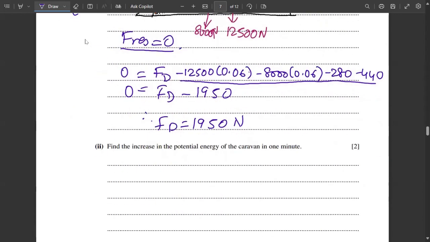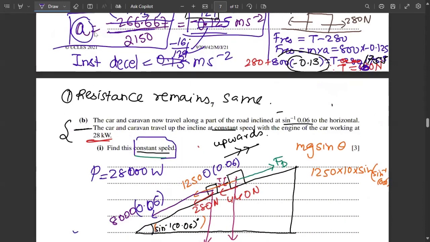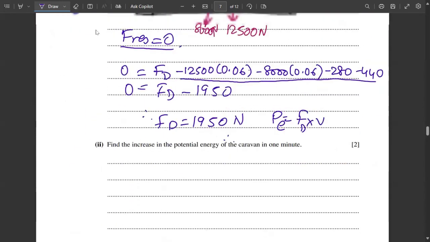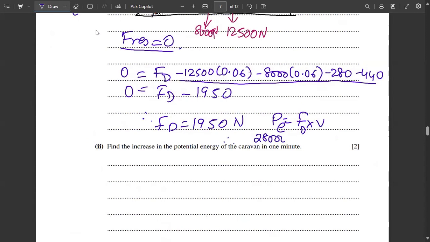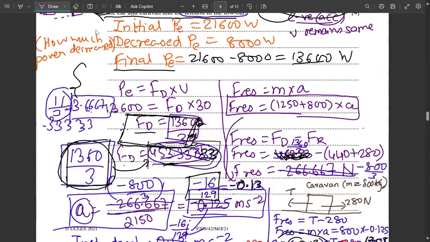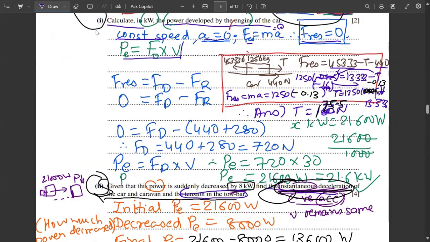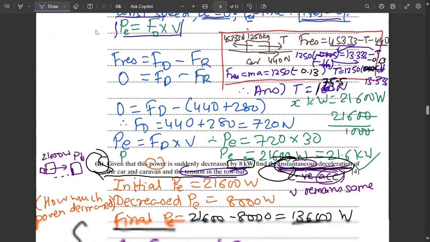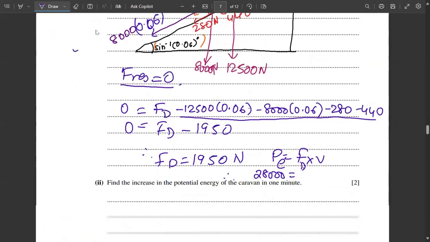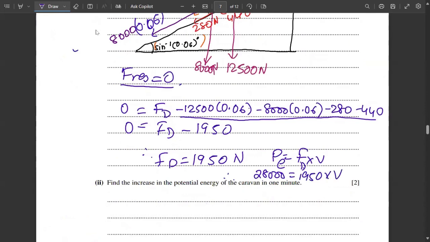Now we know power equals force into velocity, the power of the engine and the driving force. So the power of the engine is 28,000 watt. If you are confused about how this power of engine and driving force came, then listen to the explanation of the first question again. You'll understand how power of engine and driving force came here, and why not resultant force or something else. 28,000 equals 1950 into velocity.